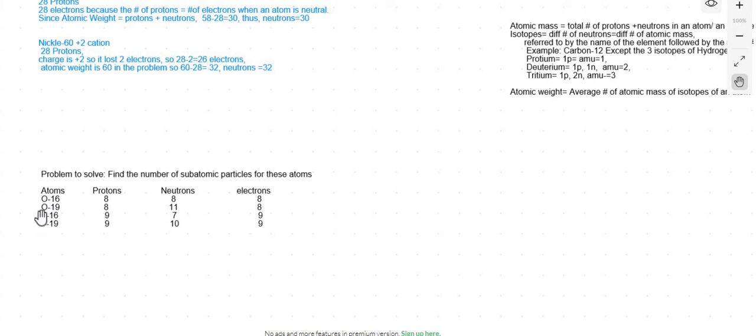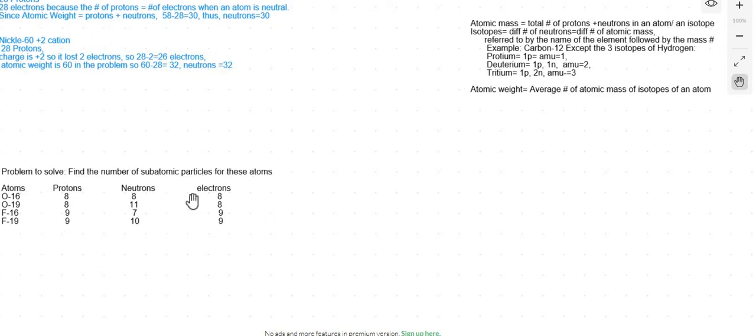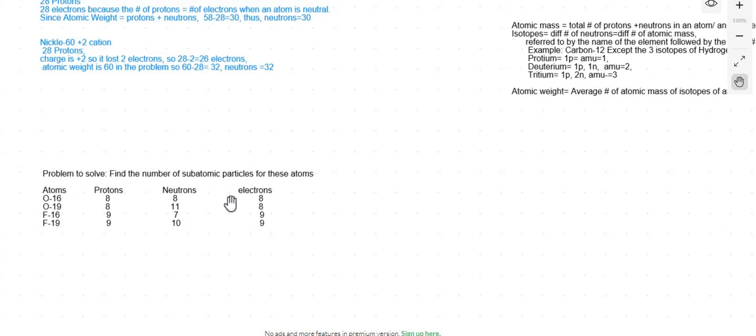All of these elements right here are neutral, so the number of protons will equal the number of electrons. Now the number of protons is 8 for oxygen 16 and also 8 for electrons. Now for neutrons, you would just do 16 minus 8 and it would give you 8.